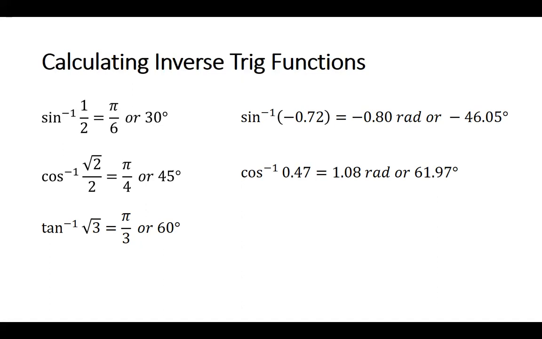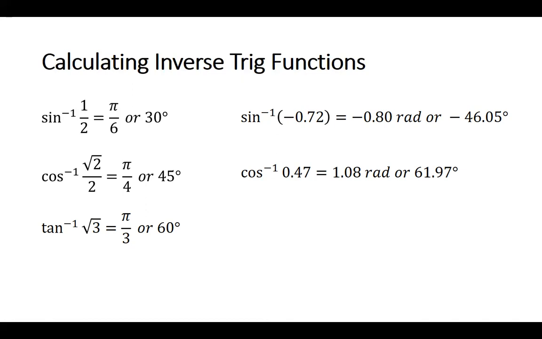So 61.97 degrees, that's in the first quadrant. In the fourth quadrant, I could subtract that from 360, giving me 298.03 degrees. So it can be in either of those two quadrants.